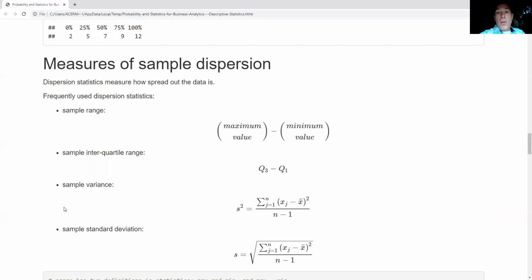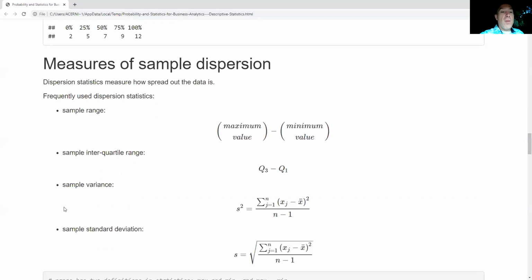The problem is that the maximum value is just one data point, which makes it vulnerable to any kind of tweaking or changing. We like things to be stable. The minimum value is also just one data point, so if things change, it's vulnerable to things going wonky.